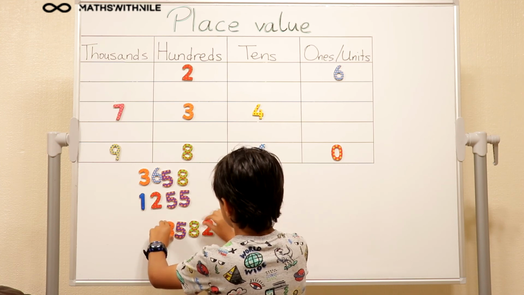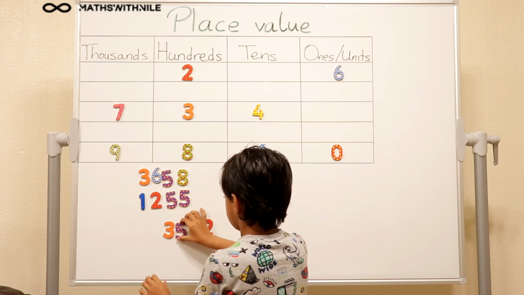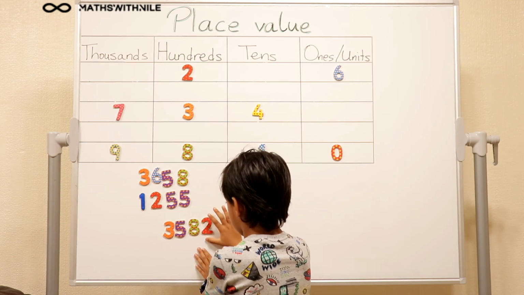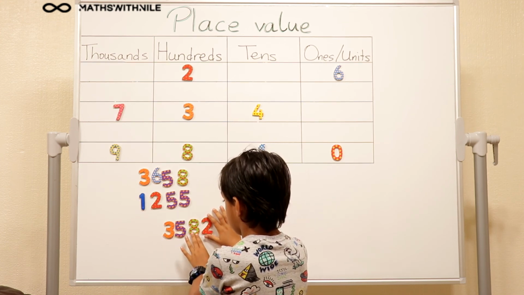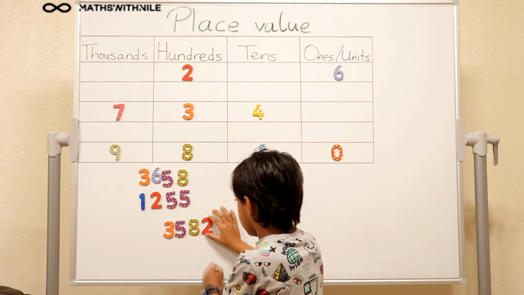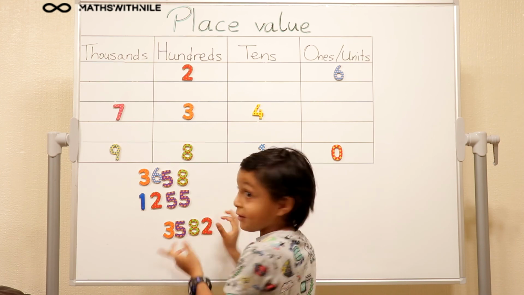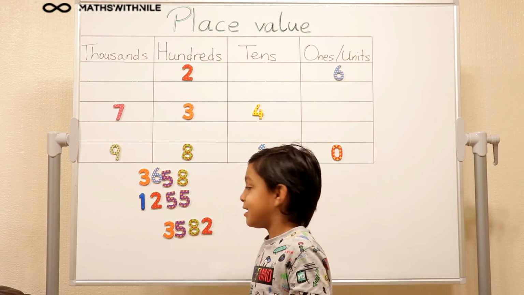Okay, I'm going to go through it one more time. You just make sure everything is in place. Does it have 8 tens? Yes. 2 units? Yes. 5 hundreds? Yes. And 3,000. And what number is that?